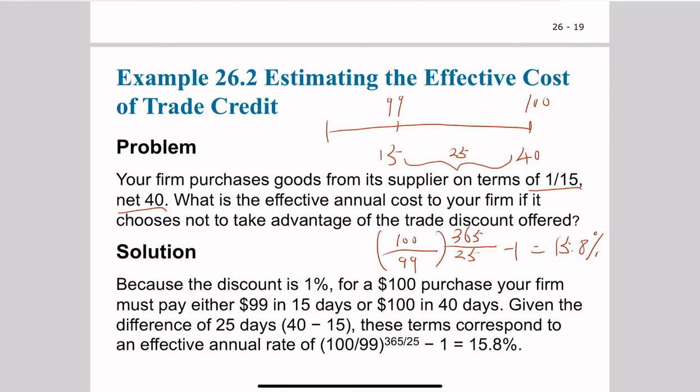Again, as the customer, you will compare this rate with the rate you can obtain from other sources, right? If this is the lowest rate you can get, then you will wait and pay your supplier on day 40. But if you can get a 10% loan from a bank, then you will first borrow money from the bank and use the bank's money to pay your supplier on day 15 to take advantage of this discount. And then on day 40, you will repay your bank's loan.